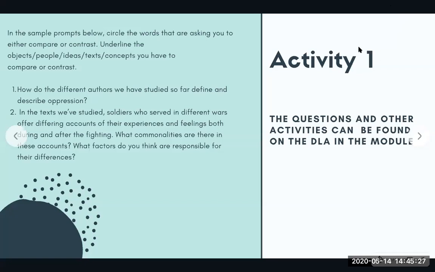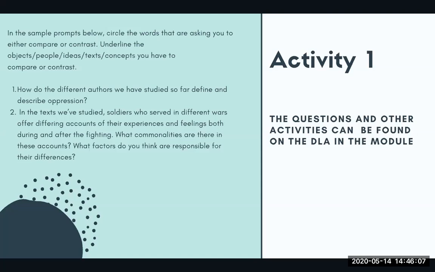So with that being said, in this first activity, if you go to your DLA, in activity 1, we're going to be looking at some sample prompts, and we want you to circle the words that are asking you to either compare or contrast. Underline objects, people, ideas, texts, concepts you have to compare or contrast. This is a little difficult because it is on a PDF. So if you're able to highlight, please do that. Highlight the words for either compare or contrast in yellow.